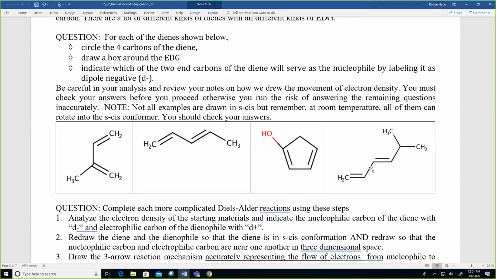So now we have to decide which carbon, is it carbon 1 or is it carbon 4, that has the most electron density? And so here is how we think about that situation.